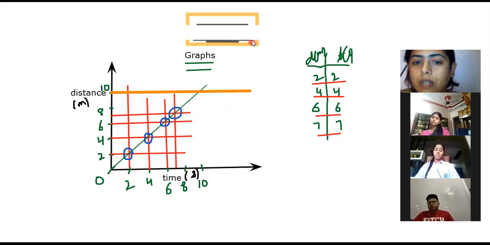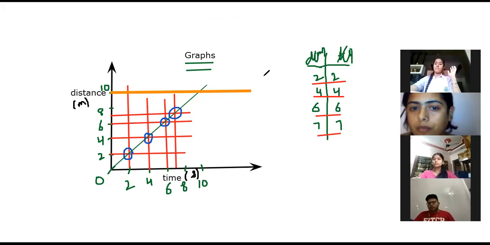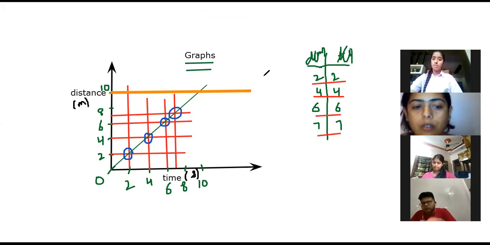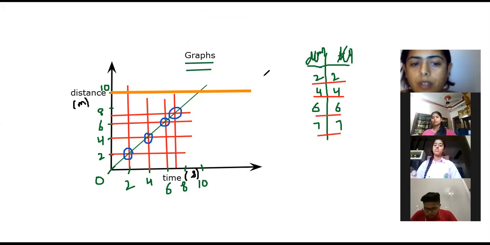So my dear students, whatever note we have written, we are going to make a little change in the note. Read the note again and understand where the correction has to be done. In the distance time graph, for the uniform motion, we get a straight line.